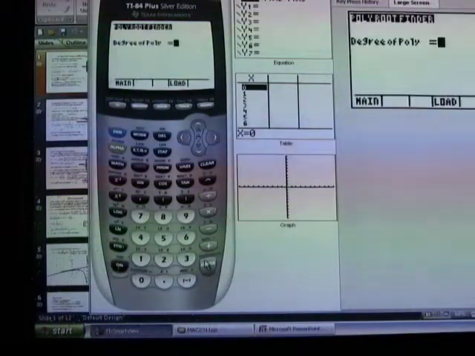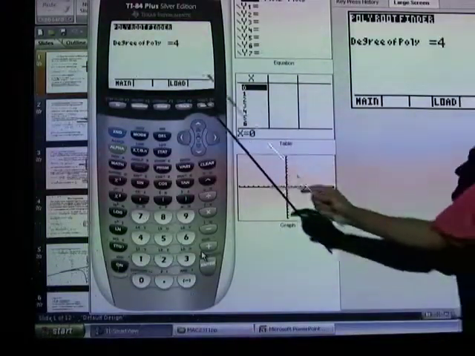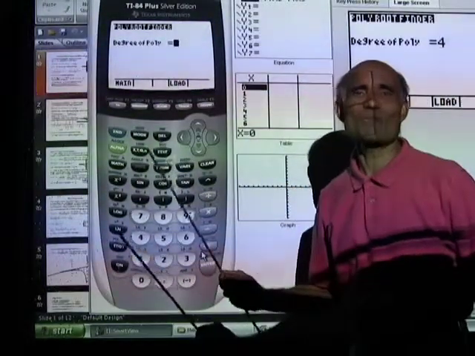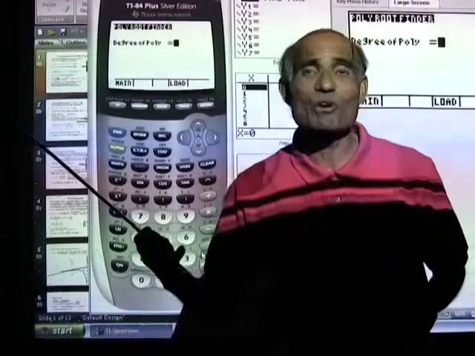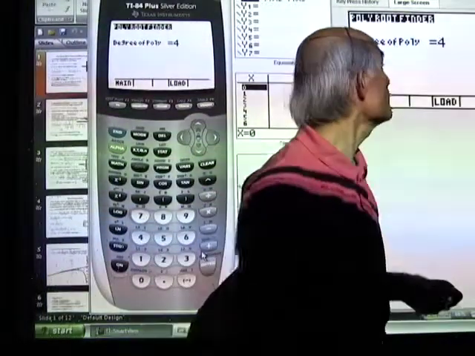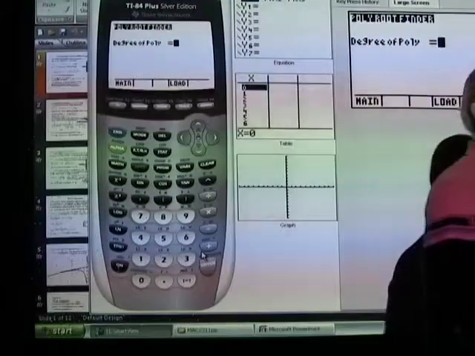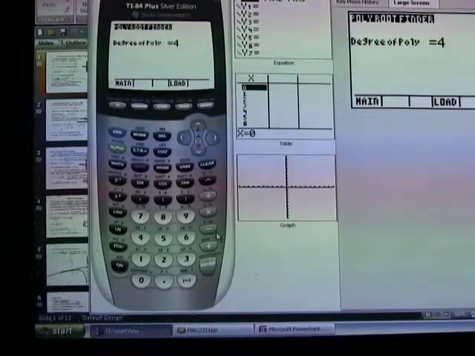So enter, and we are asked to enter the degree of the polynomial. What was the highest power of the polynomial? The first term was x to the power of 4. So the degree of the polynomial is 4. So type in 4 and enter.